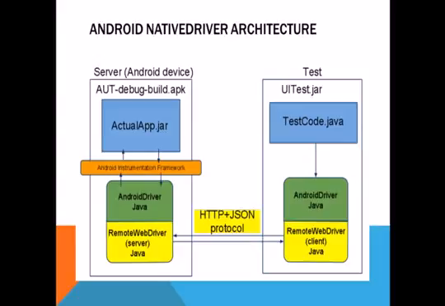Here we have two columns. The left is for the Android device and the right is the test. Let's call it our controller. So how do the controller and the server, or device or emulator, whatever you say, communicate? In the test, there is a test code in Java. It's directly interacting with the Android driver in Java. It has one component, the remote WebDriver client in Java.